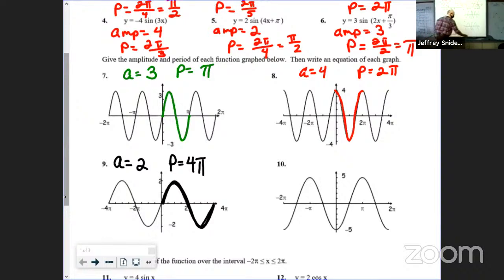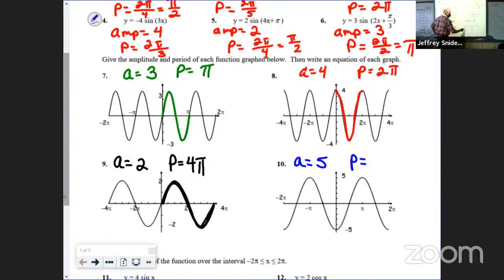And the last one down here, the amplitude on this one is 5, and the period. Now, this one, you got to think a little bit different, okay? I don't know if I trace a sine curve, it always starts on the midline.